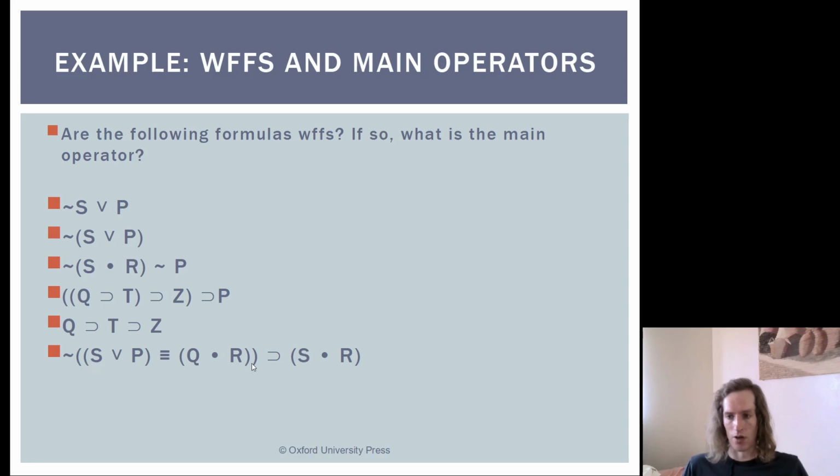And if that's a well-formed formula, what's inside these parentheses here, then the negation of that is going to be a well-formed formula. So we have two well-formed formulas on either side of this conditional. And if the conditional is connecting two well-formed formulas together, then the entire thing is a well-formed formula. So this is a well-formed formula, and the conditional is the main operator.